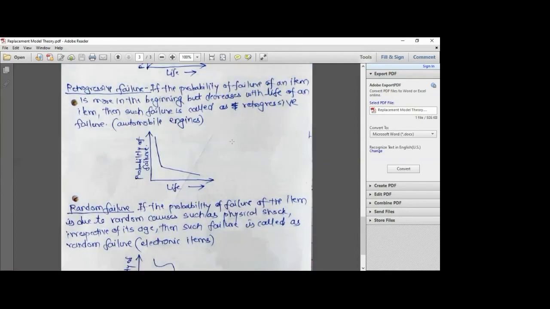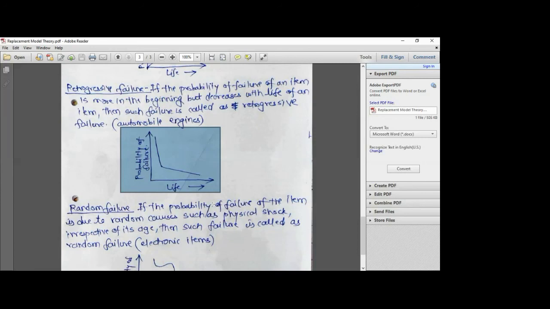Automobile engines have a huge probability of failing at the beginning, at the initial stage, and then if they are working, the probability of their failure decreases. So the probability of sudden failure decreases. This is the graph used to represent the retrogressive failure, which is a type of sudden failure, right? I'm hoping that you are understanding, right?